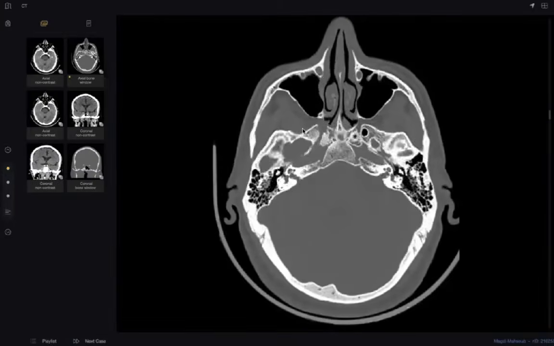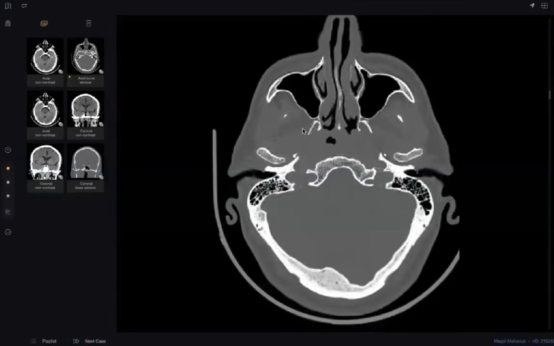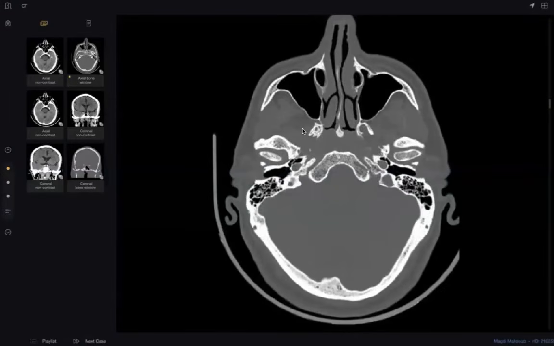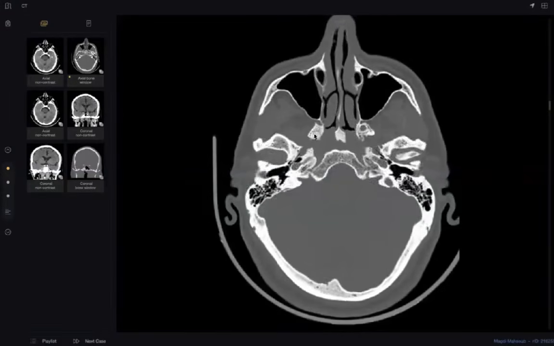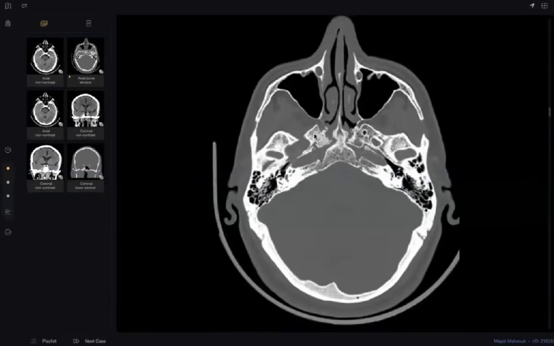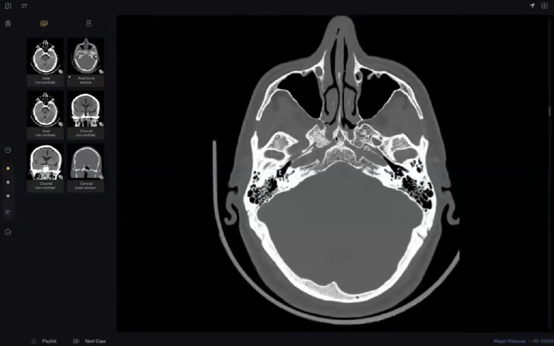What happened here? Take the pterygoid as a landmark for you. This is the pterygoid, and go up and down from it. If you look here, compare this side with this side. There is widening or erosion of the bony boundary here.